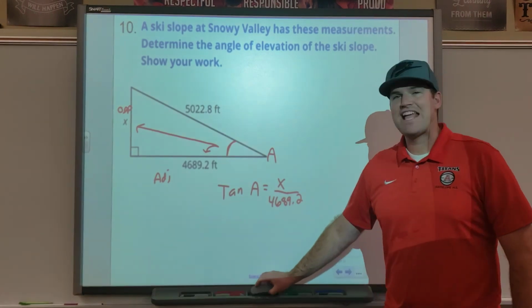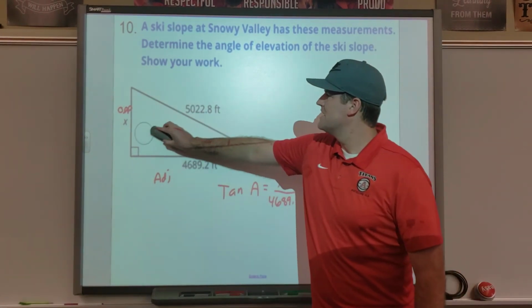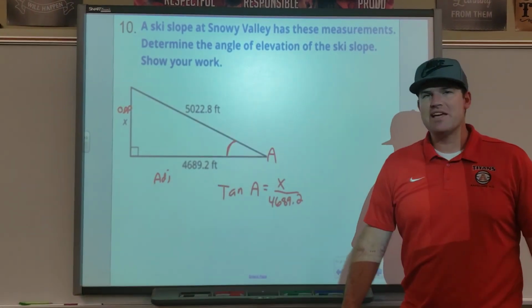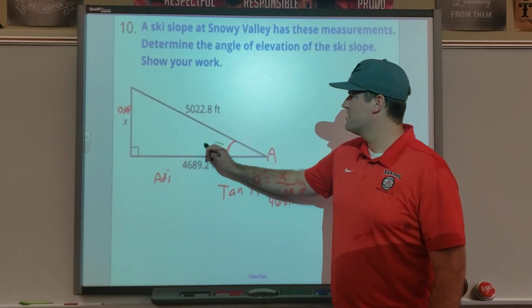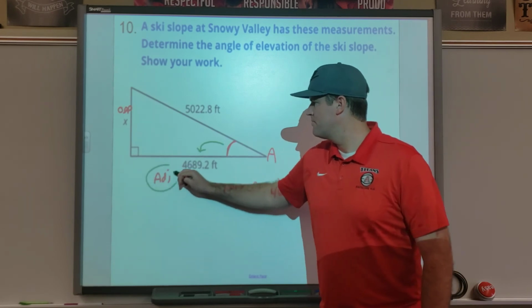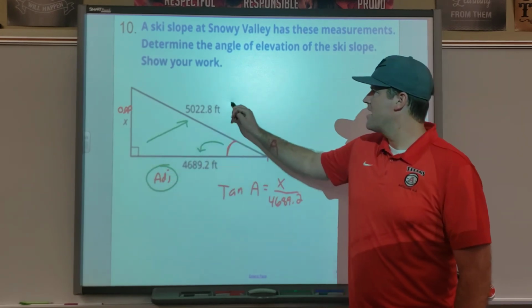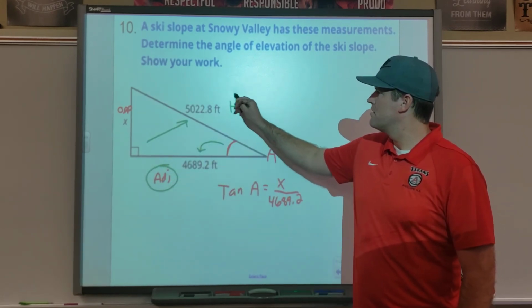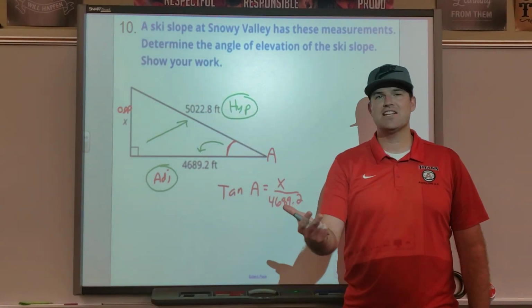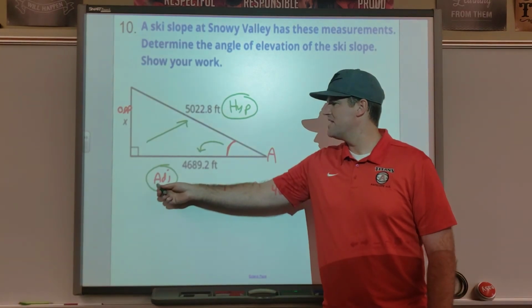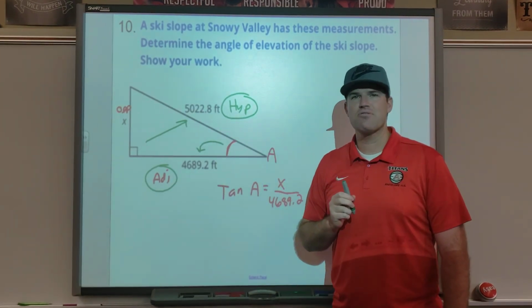For this problem, yes, there is. Just because we've used tangent all day today does not mean that every problem is going to be a tangent problem. I might look at this and notice right away that this is my adjacent. This side is the hypotenuse. And which trig function, sine, cosine, or tangent, uses the adjacent and hypotenuse?